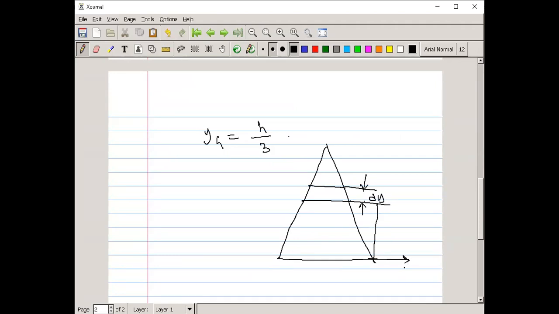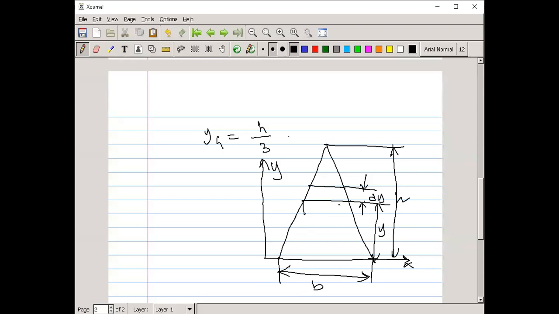This distance from the x-axis, this height, is y, whereas the total height of the triangle is h. As you take this one as b, take this one as l, and take this small section at a height y from the x-axis where its width is l. Now till now it is understandable.